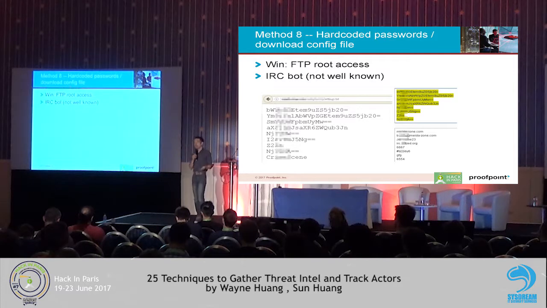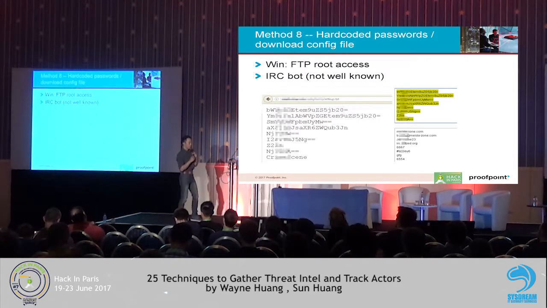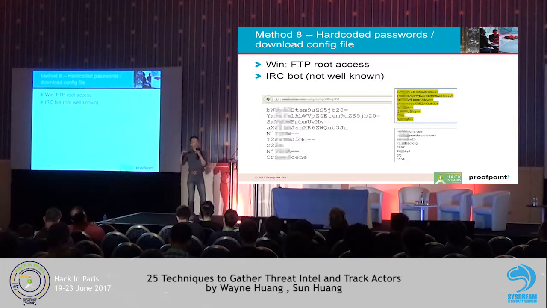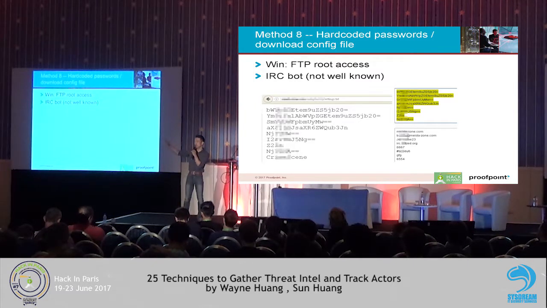Method 8, how else can we get passwords? Hard-coded passwords. The IRC bot, for example, what they do is they infect these machines and they upload the stolen wallets, passwords, screenshots using FTP.